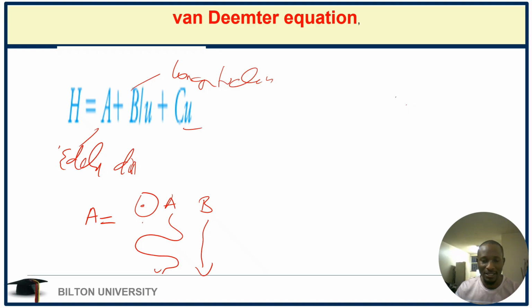When a solute uses a long path or several paths to reach the detector, it is going to increase band broadening.